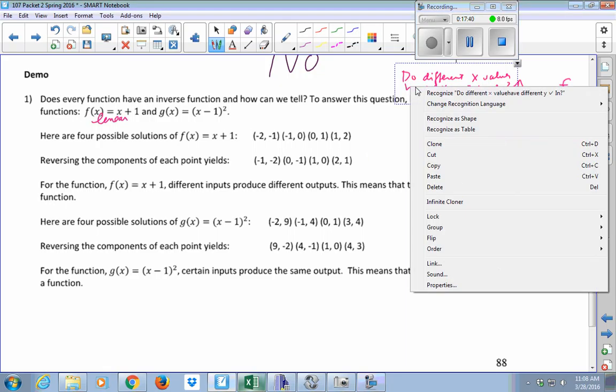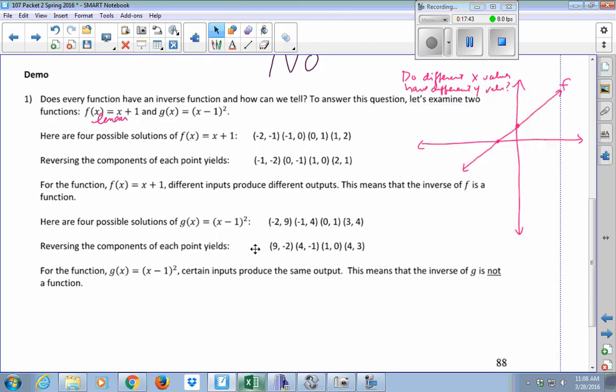Now, let's take a look at our parabola here, which is a quadratic function. Okay, this is our basic function x squared shifted to the right 1 unit. So this function would be our basic parabola shifted to the right 1 unit.